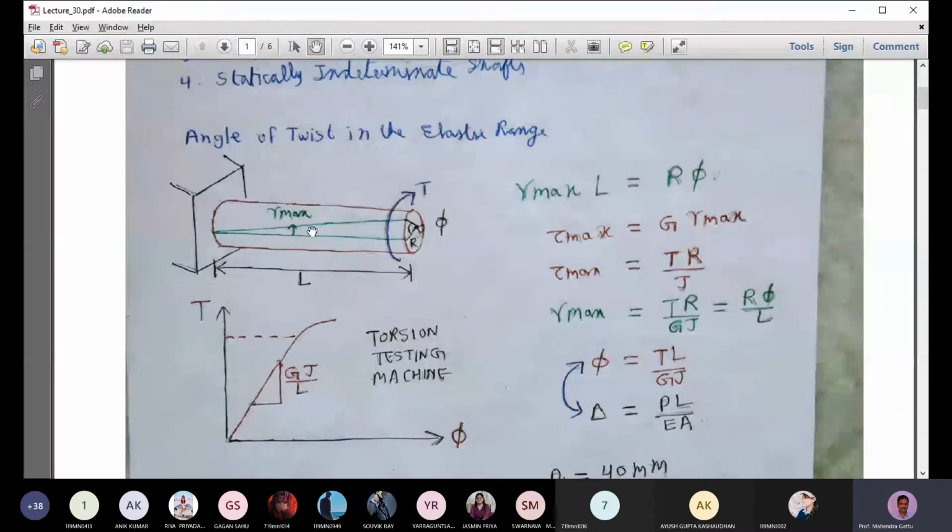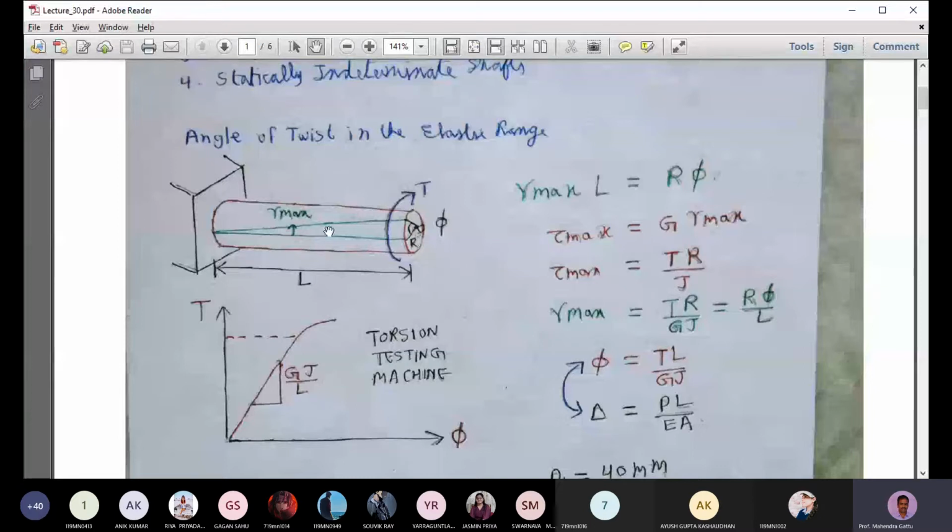This is the deformed line, and this is the initial horizontal line. At the center, the arc will subtend an angle of phi, that is the angle of twist, and the radius of this cross section is r.